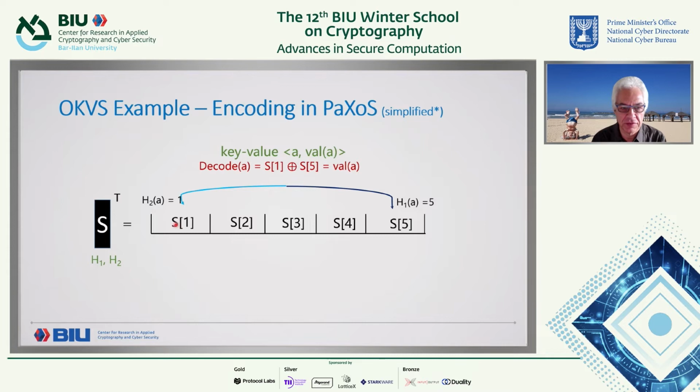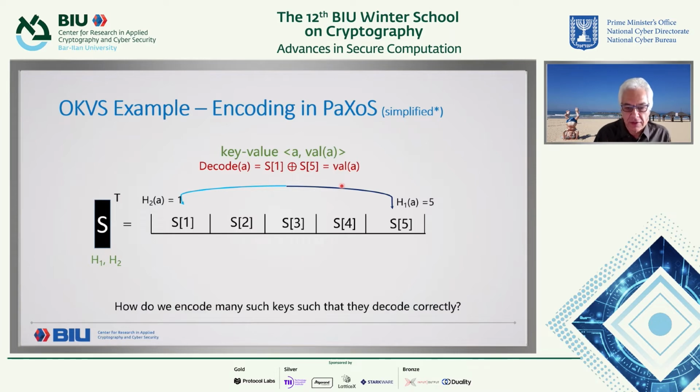He needs to put here two values whose XOR is equal to the value of A. That's easy. But the problem is that we have many such requirements and they might be conflicting. So how do we solve these requirements? One option is to solve a system of linear equations. It's unclear whether they're solvable or not, but also solving a system of linear equations is very costly.